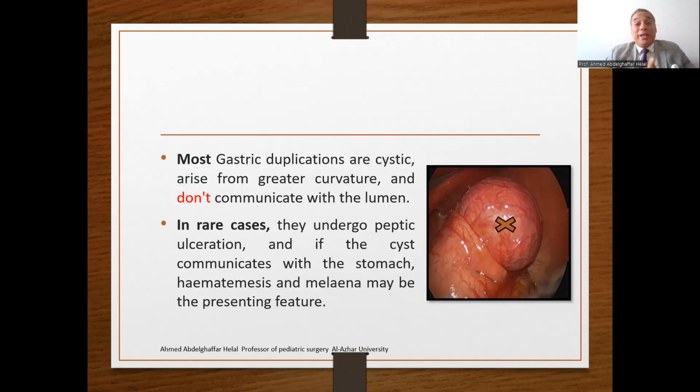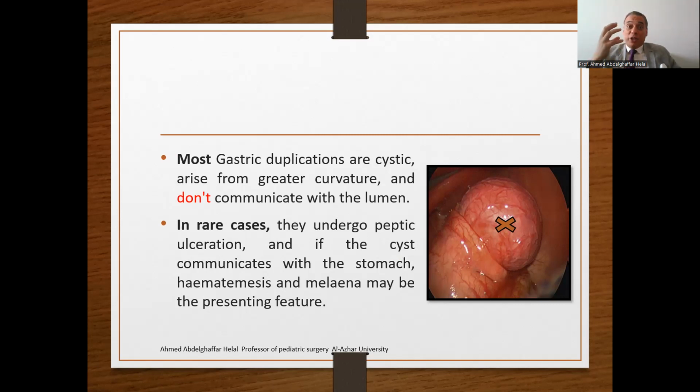Most gastric duplications are cystic, not tubular, arise from the greater curvature, and don't communicate with the lumen. In rare cases they undergo peptic ulcer, and if the cyst communicates with the stomach, hematemesis and melena may be the presenting feature.